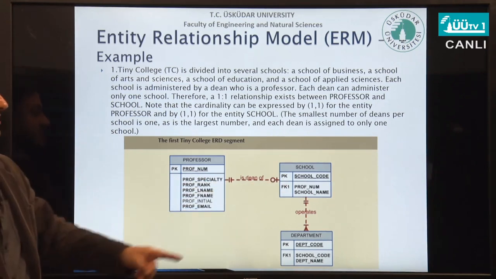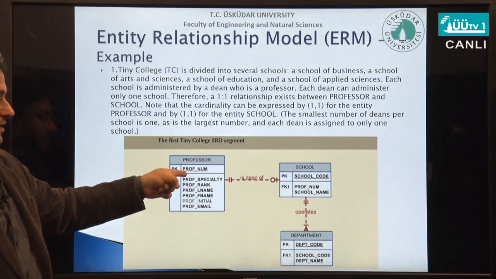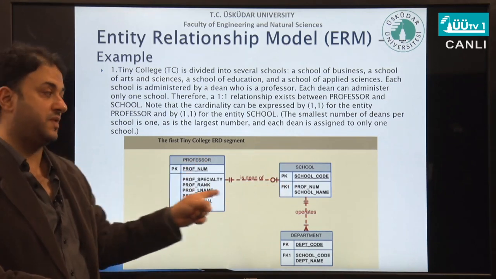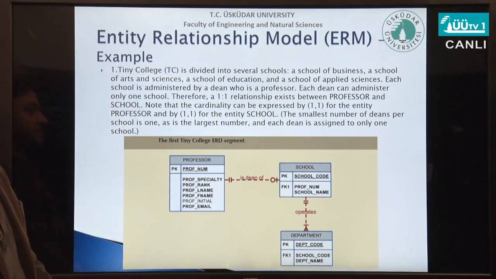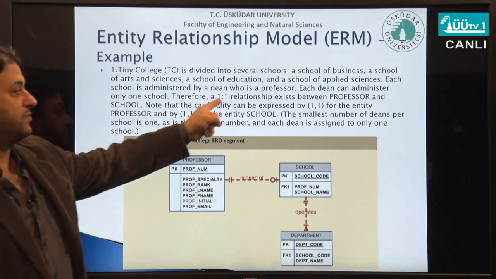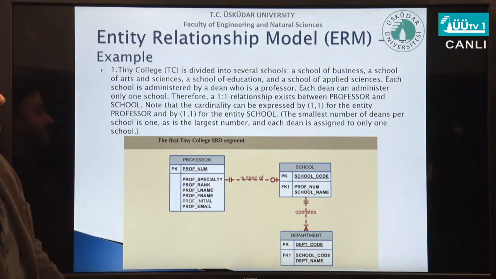We say that the school is administrated by one professor, and the dean can administrate only one school. So the dean, who is a professor, cannot administrate two schools. According to this model, therefore, a one-to-one relationship exists between them.